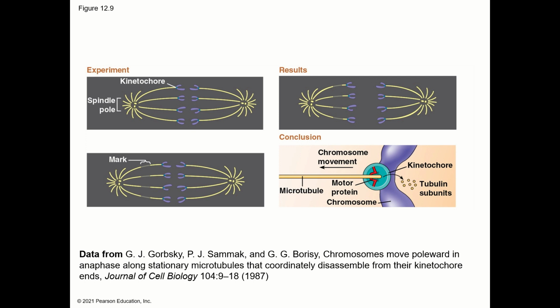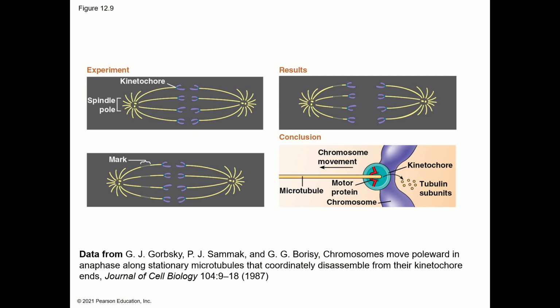In the experiment, we have our kinetochores and our spindle poles, and the result is some mark being placed along those spindles. And what we see here is our results.